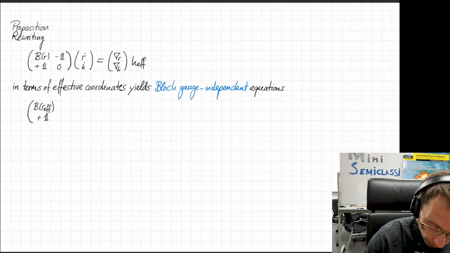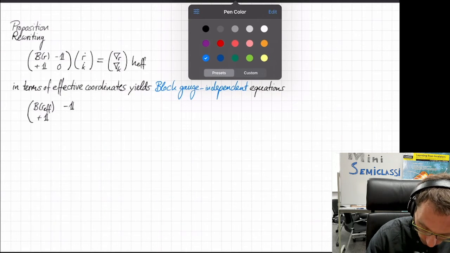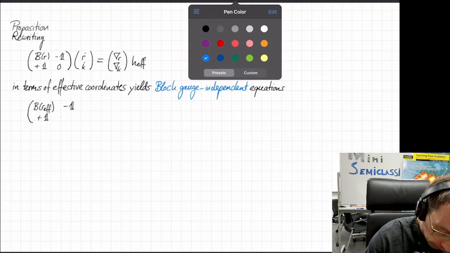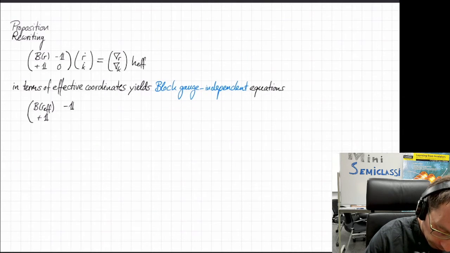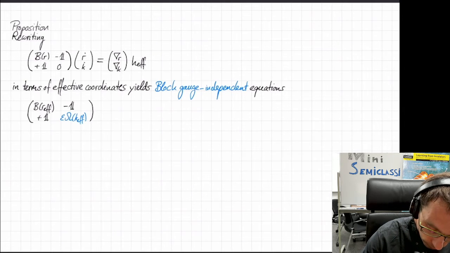And in a lot of places, it looks like you're getting the same terms, but already here, you're getting an additional term, namely the Berry curvature, and now you have to, of course, take the time derivative of R effective and K effective.